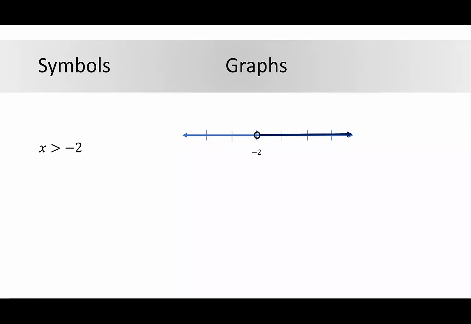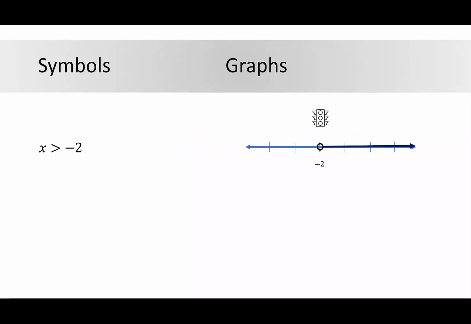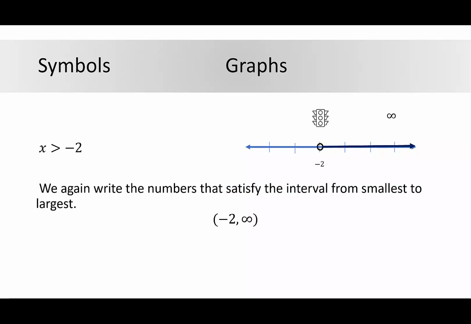This time, the open circle is replaced by a parenthesis that's open to the right. Remember, the parenthesis is going to open in the direction of the shaded area. Negative 2 is the starting point of our interval. Because we're shaded to the right, we know the numbers are getting bigger. This shows me that I can write x is greater than negative 2 as parenthesis, negative 2, comma, infinity, parenthesis.